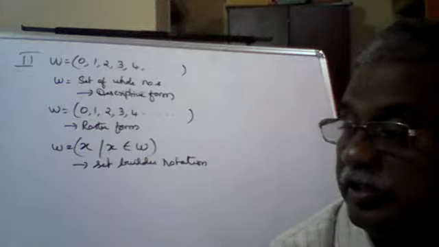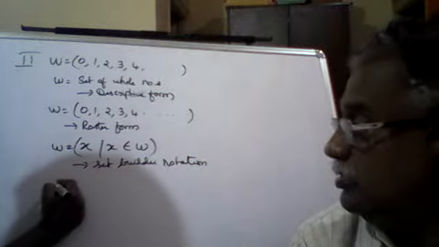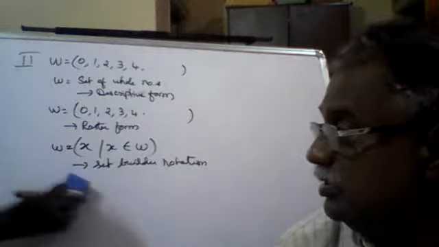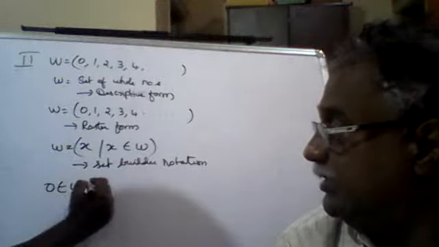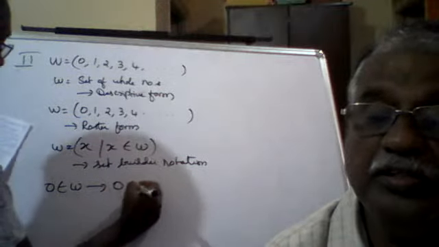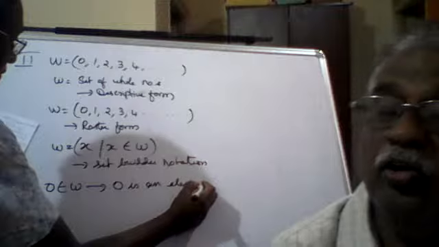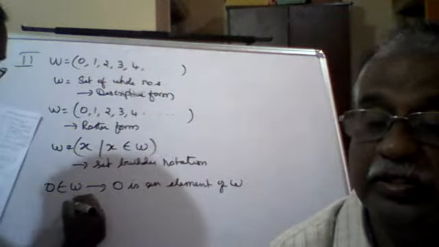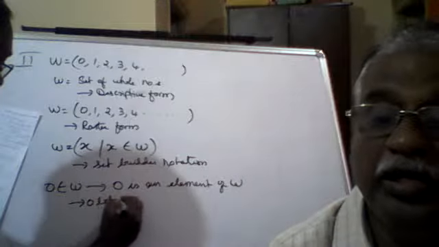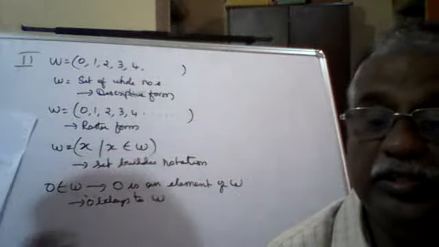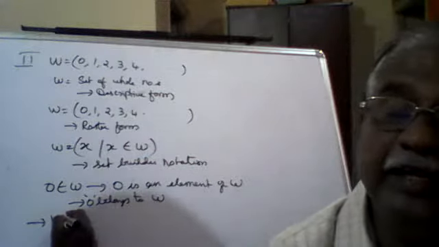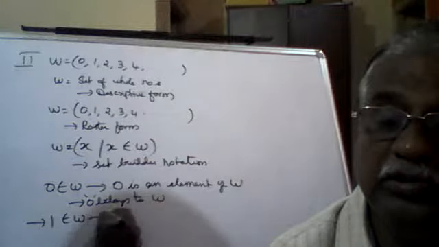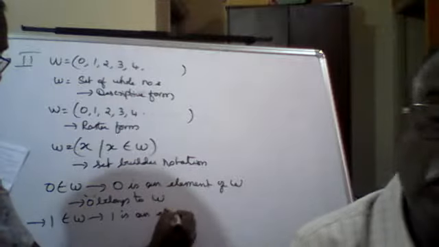So you can write 0 ∈ W. The elements are 0, 1 and so on. 0 is an element of W, and also you can write 0 belongs to W. One more example: 1 is an element of W, and 1 belongs to W. Remember, 1 belongs to both natural numbers and W. W is the higher one, with 0.